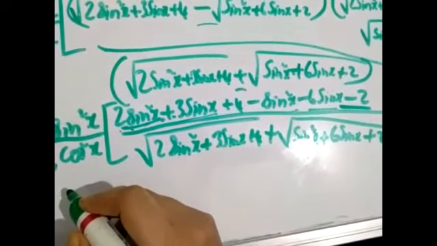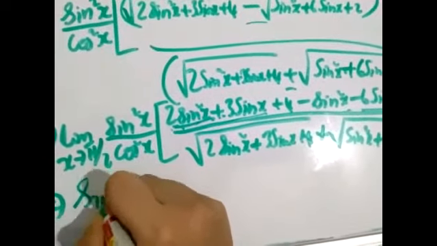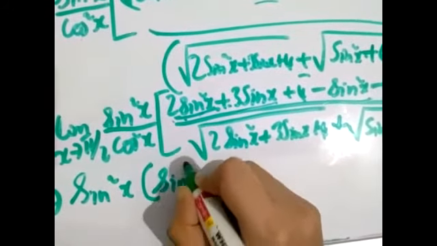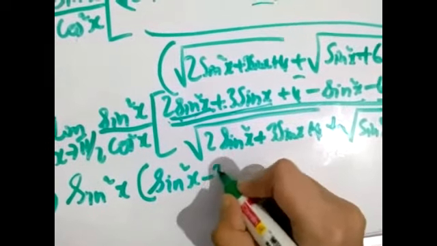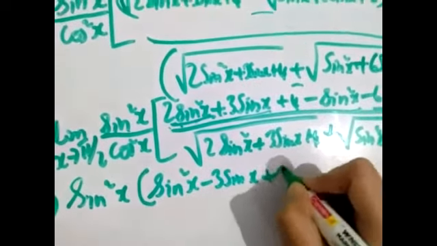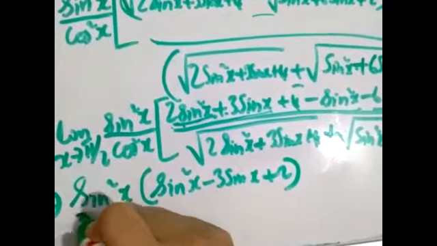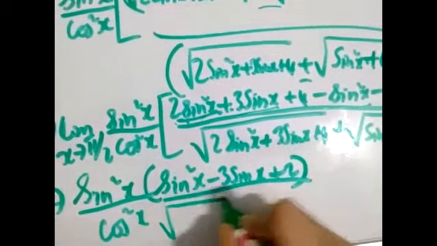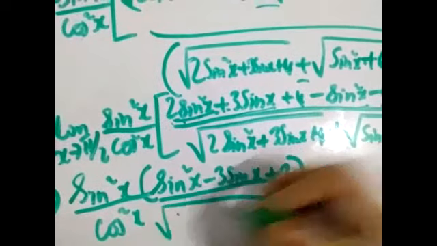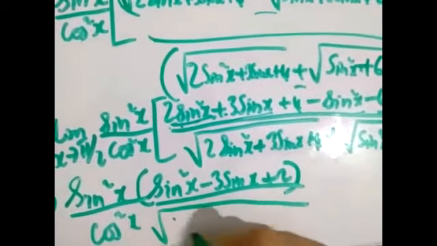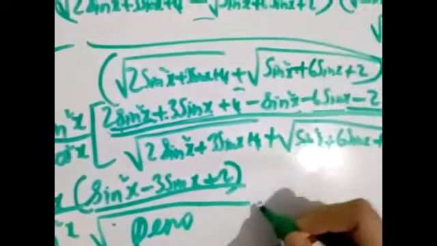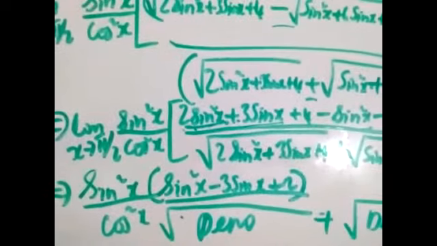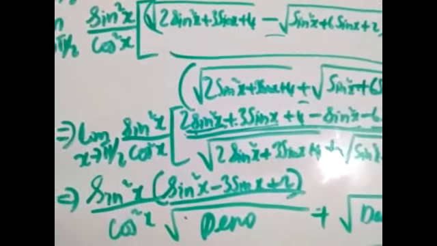So I can write sine square x minus 3 sine x plus 2 divided by cos square x with the numerator. With the denominator, I'll just write the denominator, plus the same thing, the value over there. So I have reached here.